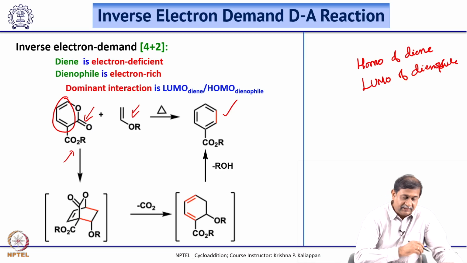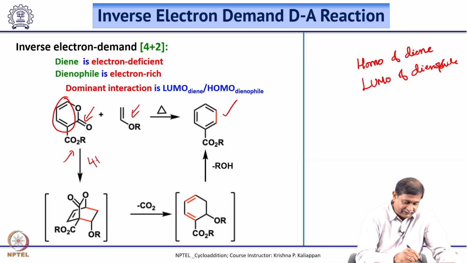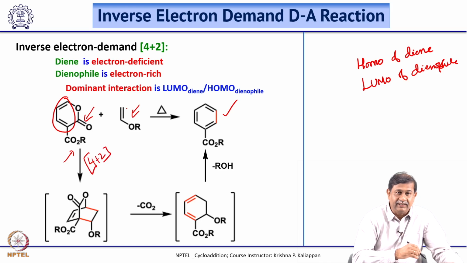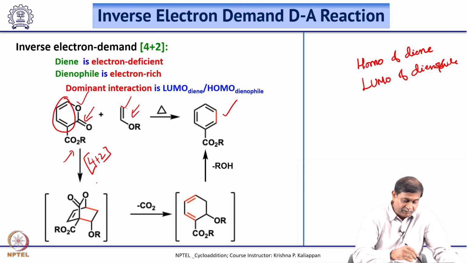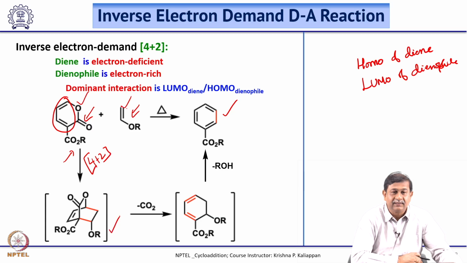So what happens? The first step is the 4+2 cycloaddition reaction. You can see here, this is the diene and this is the dienophile. These two undergo 4+2 cycloaddition to give this bicyclic intermediate, bicyclic 2-2 system.